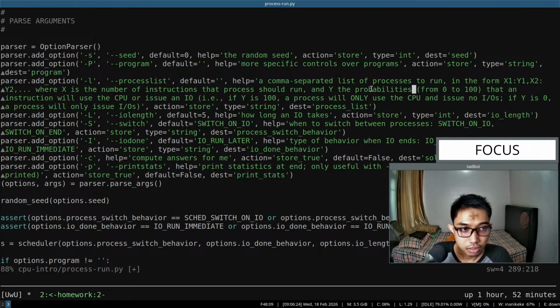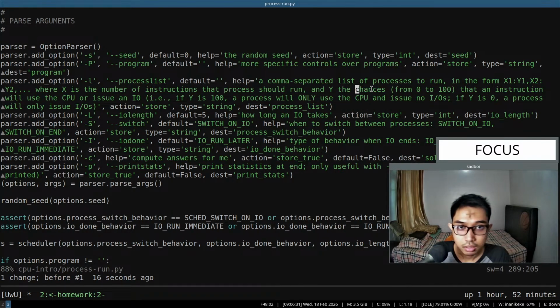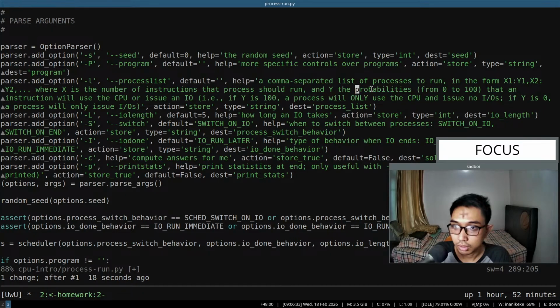Is the probabilities from 0 to 100 that an instruction will use the CPU or issue an input-output. If Y is 100, a process will only use CPU and no input-output. If Y is 0, process will only issue input-output. Okay.